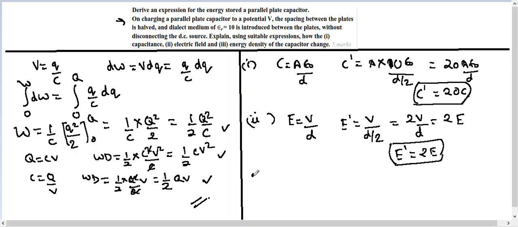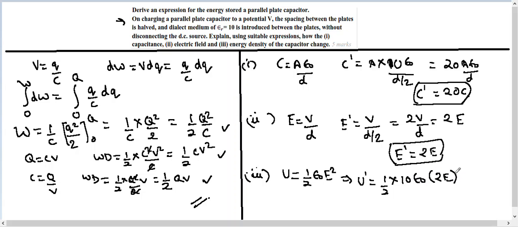Now the last part of it. We have to find out the energy density U, which is given by half epsilon naught E square. So we have to find U dash: half epsilon naught, it got multiplied by 10, so 10 epsilon naught, and then E was 2E the whole square, because we have seen that the electric field got doubled.